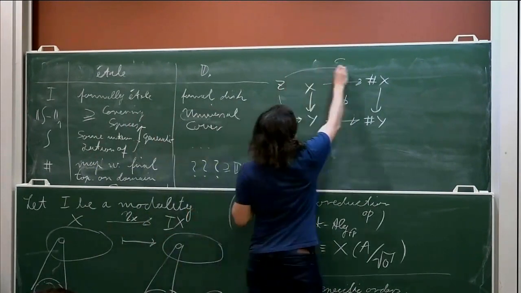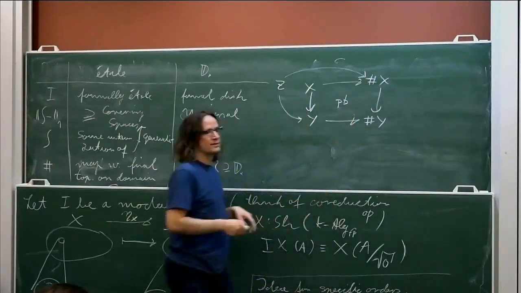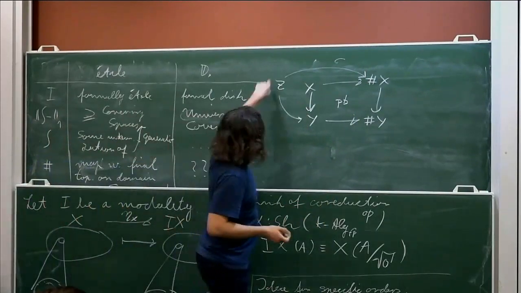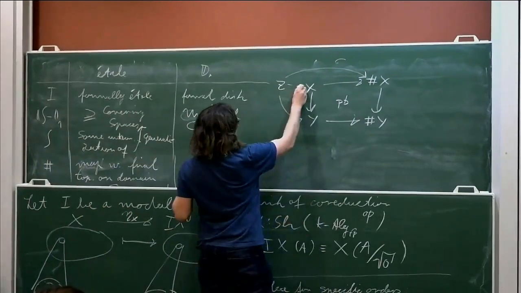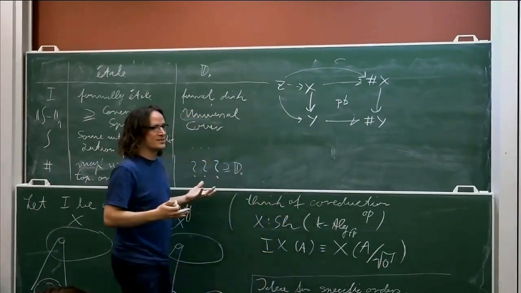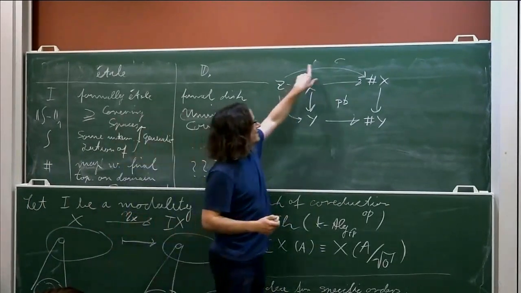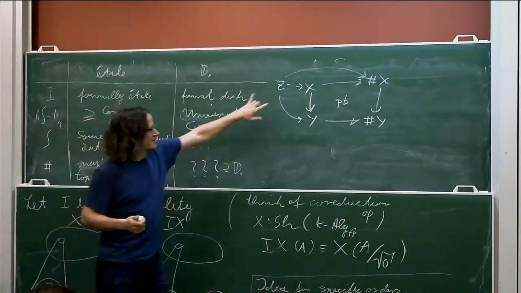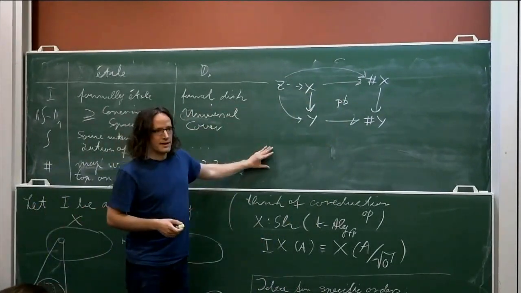And this condition is just that you have a map to sharp X. If for every situation like this, you have an induced continuous map here. So usually it's that then this map is already continuous. So that's how it's phrased, and here becomes a product.